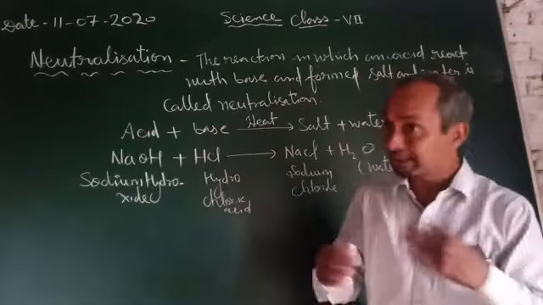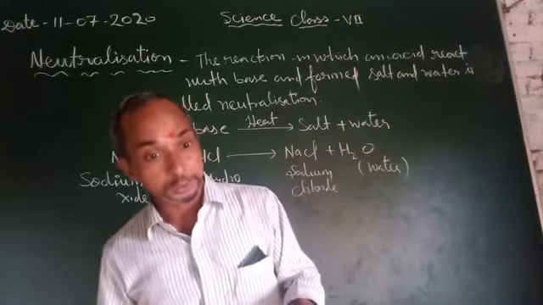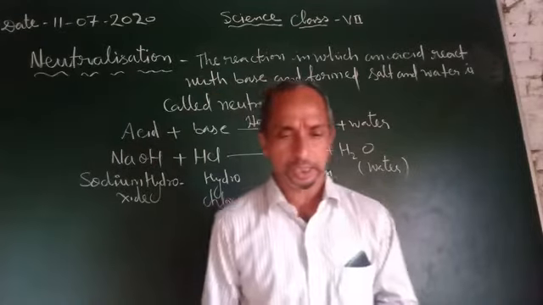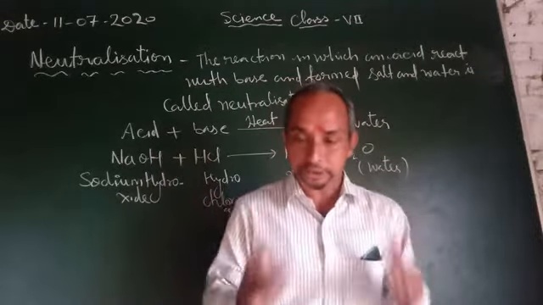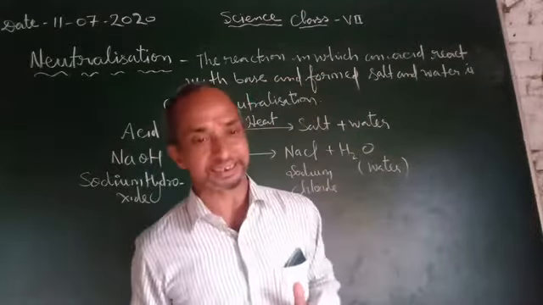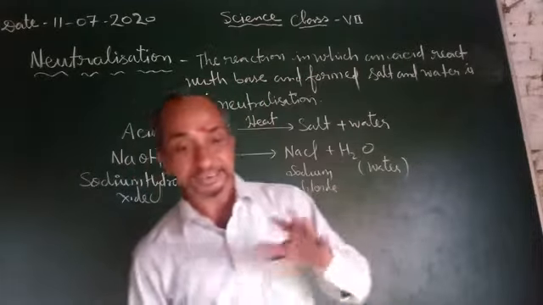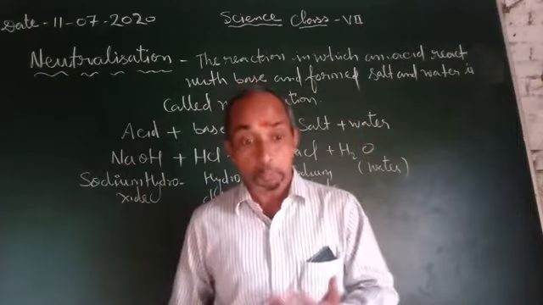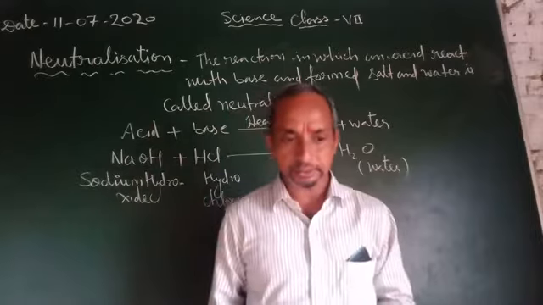Neutralization in everyday life. There are many things from morning to evening. During the eating process, we use neutralization. Our stomach produces hydrochloric acid, and this hydrochloric acid helps in digesting our food without harming the stomach.